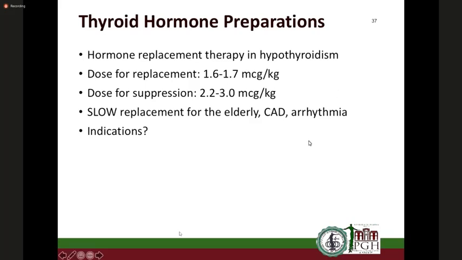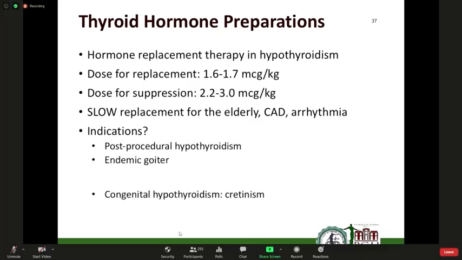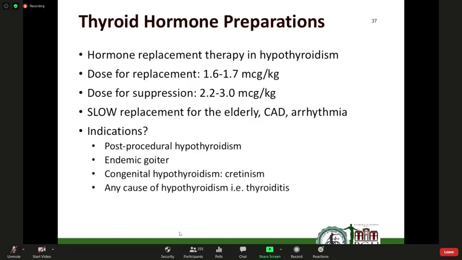Of course, you want to give it at probably a fourth or even half the dose, and then titrate accordingly over several days. So these are some of the indications. Any of the causes of hypothyroidism, whether congenital, autoimmune, post-procedural, post-RAI, can be given thyroid hormones.